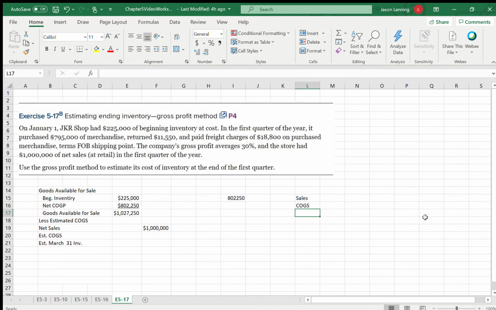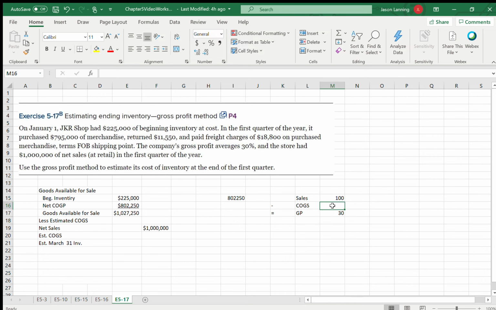So if we think about it, sales are always going to be 100%, and the company's gross profit is 30%.